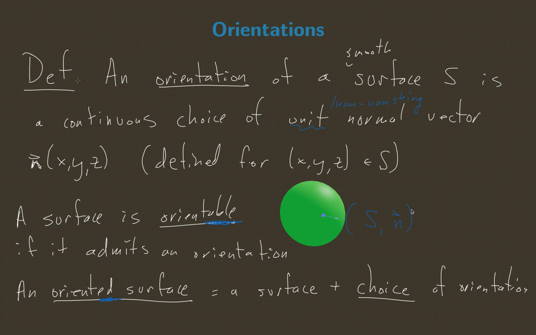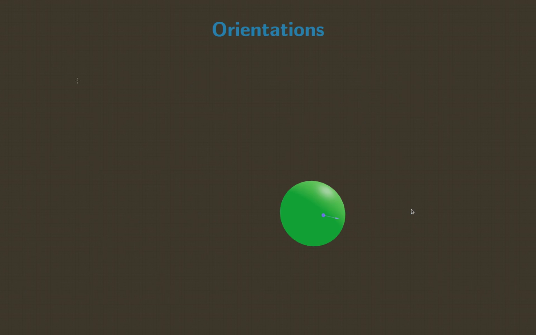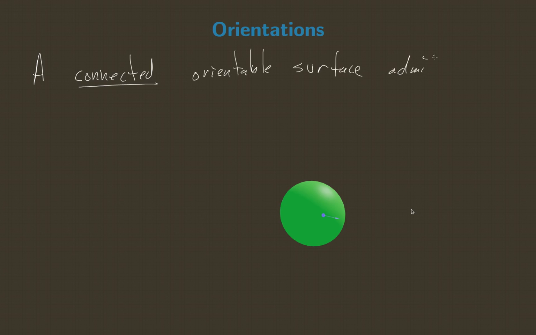So a connected surface, actually a connected orientable surface, admits exactly two orientations.